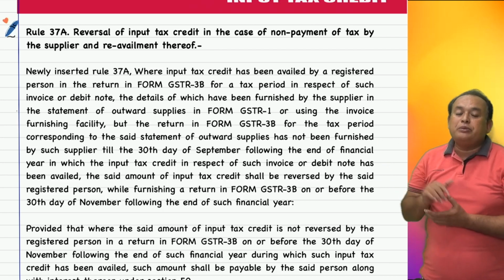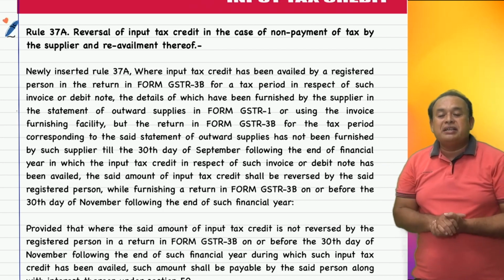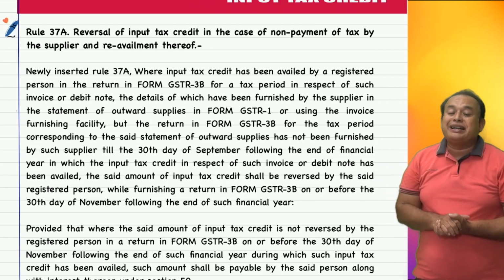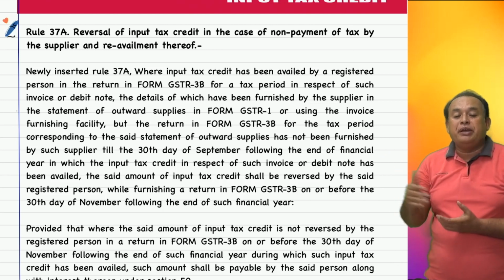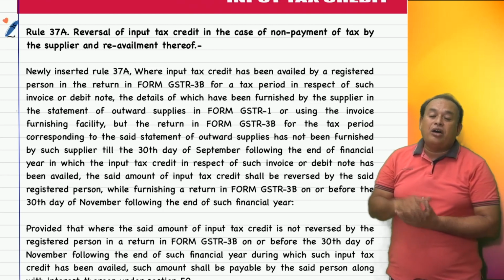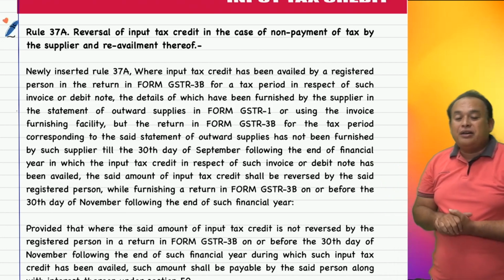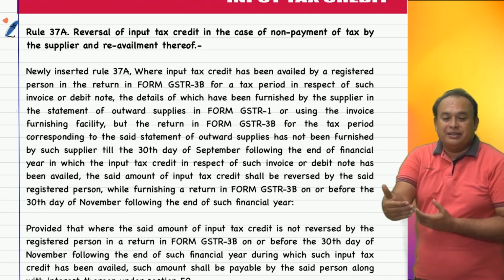The said amount of input tax credit shall be reversed by the said registered person while furnishing the return in the form GSTR 3B on or before 30th day of November following the end of the financial year.